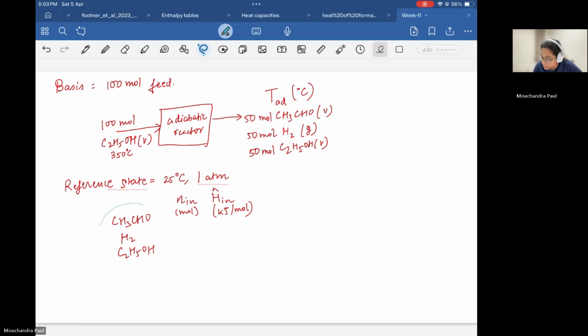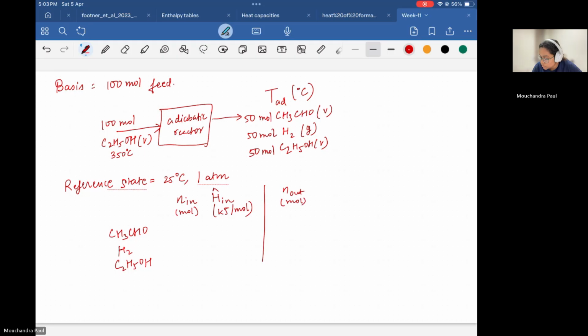Similarly, out, in the product side basically. What is coming in? C2H5OH is coming in. How many moles? 100 moles. And let's represent its enthalpy as H1 hat.